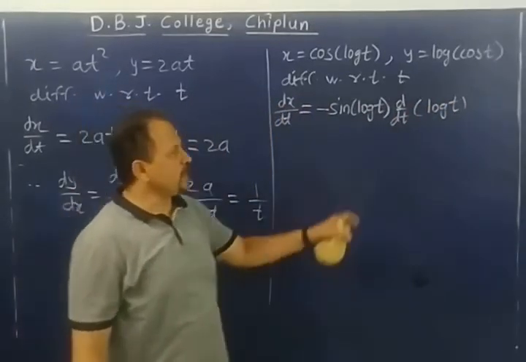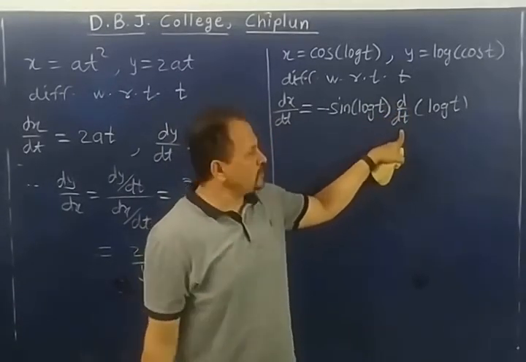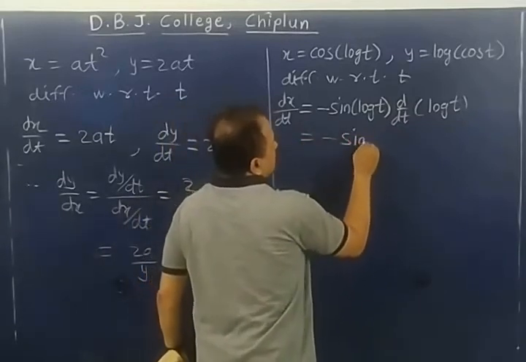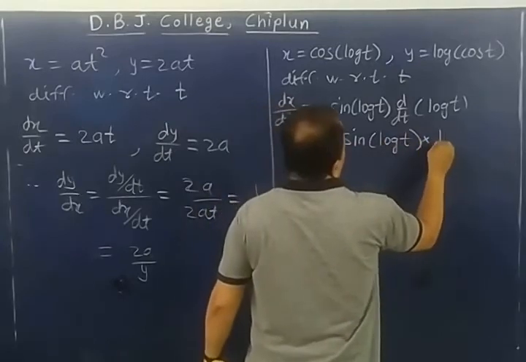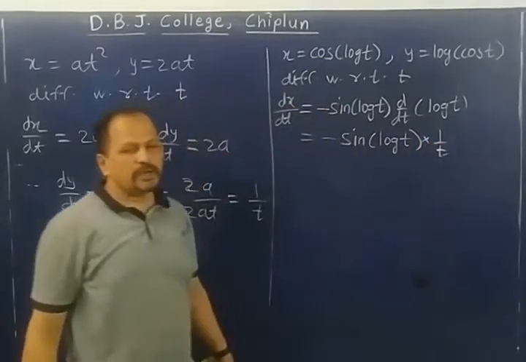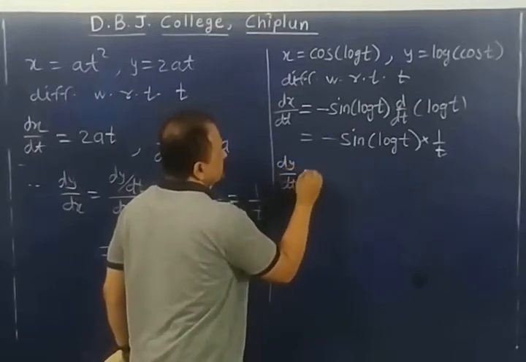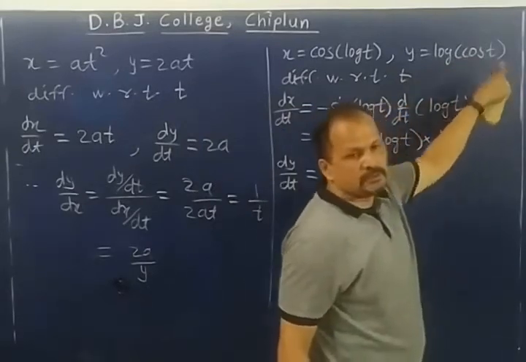Many times we write this by mistake d by dx. We have to avoid such mistakes. Equal to minus sin log t into 1 upon t. This is dx by dt. dy by dt is equal to derivative of log bracket.